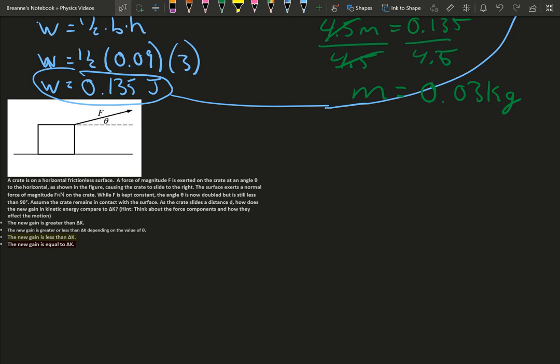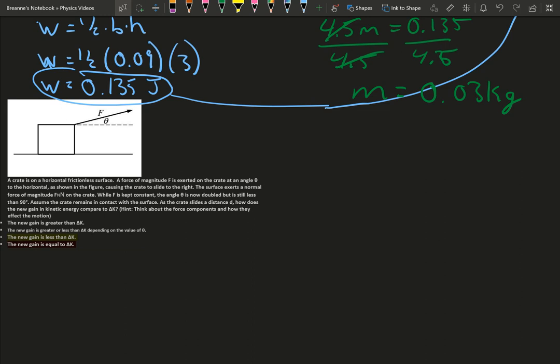While F is kept constant, the angle theta is now doubled, but is still less than 90 degrees. Assuming the crate remains in contact with the surface, as the crate slides a distance d, how does the new gain in kinetic energy compare to the change in kinetic energy?